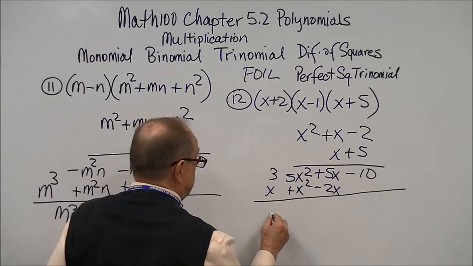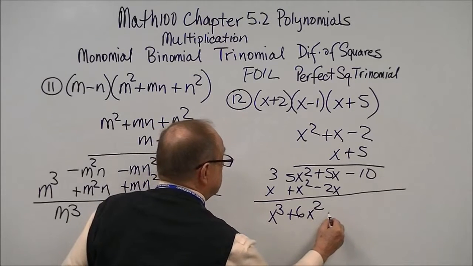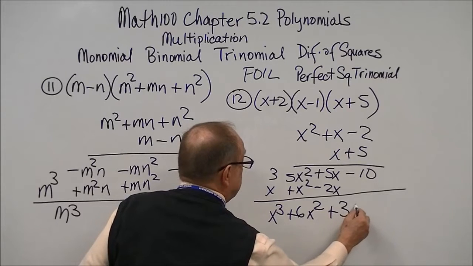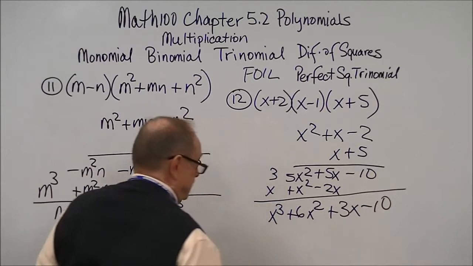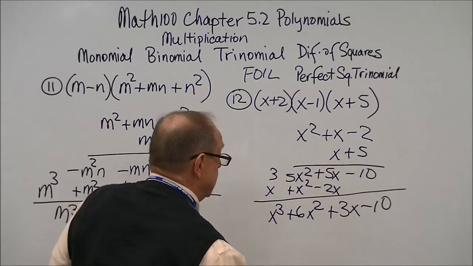Add them up, x cubed plus 6x squared plus 3x minus 10. And I can check that, and that looks good.